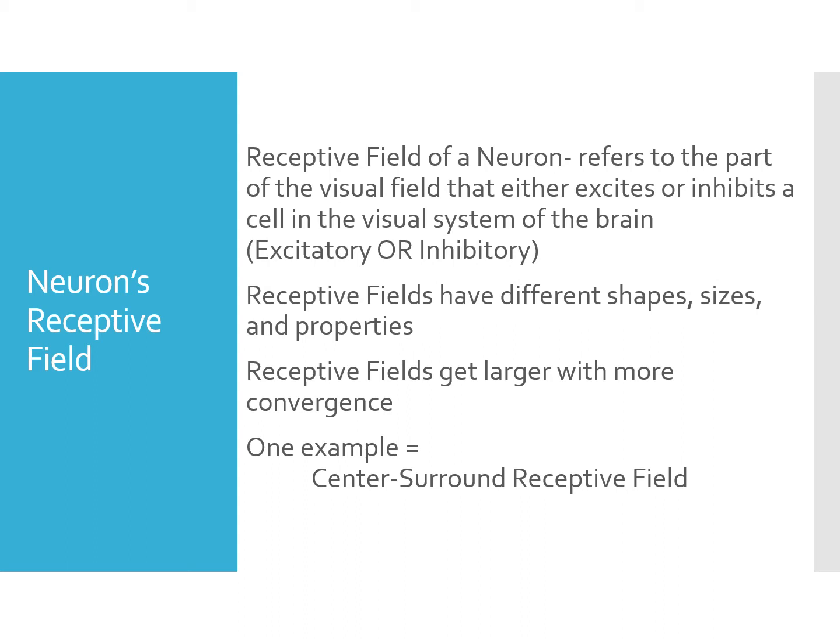They are larger when there's more convergence: if I'm getting more information from more neurons, my receptive field is necessarily larger. We're also going to watch them get larger and more complex as we get farther and farther from the retina. One example, we're going to start with, is this center surround receptive field.